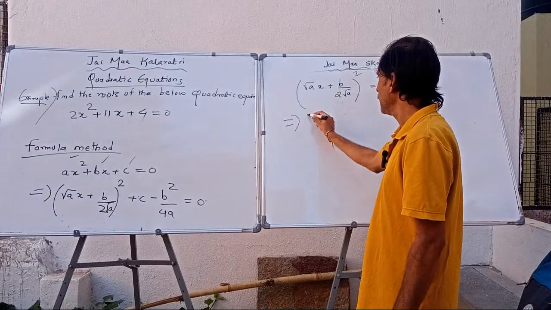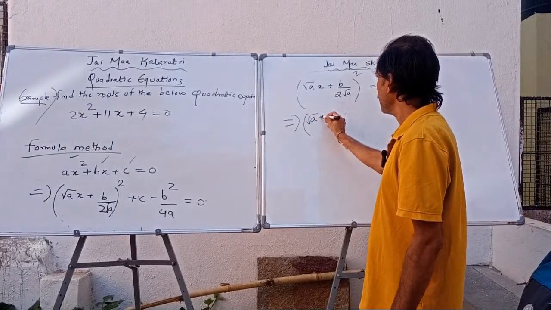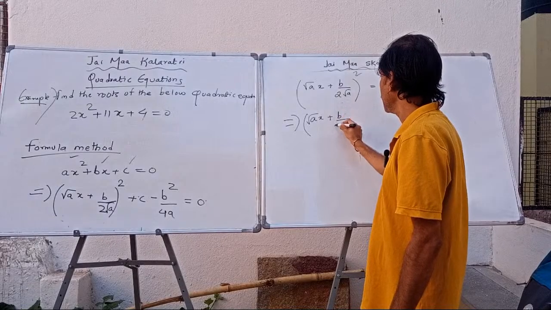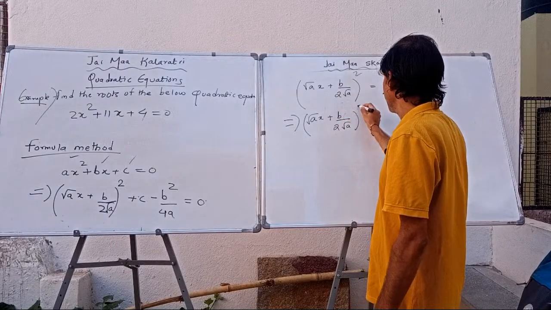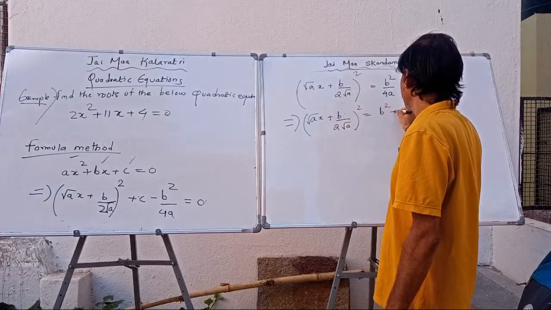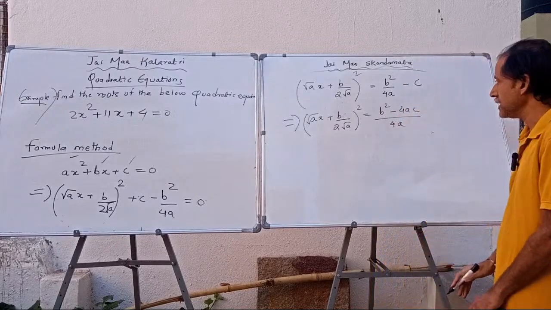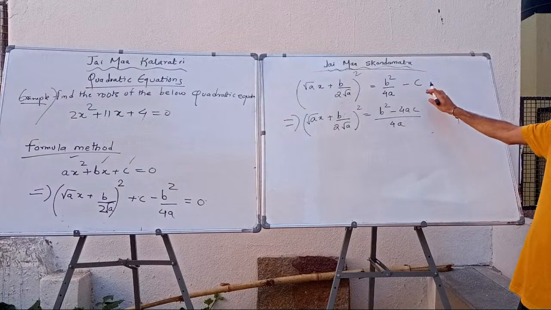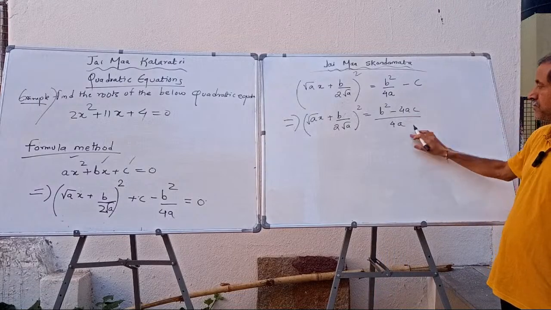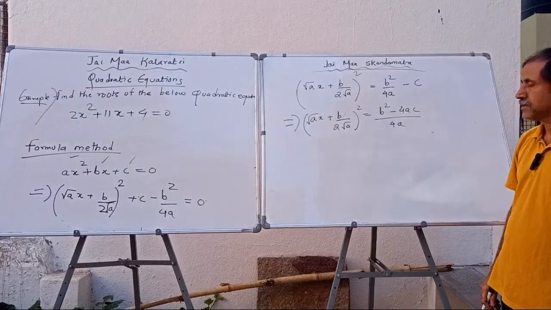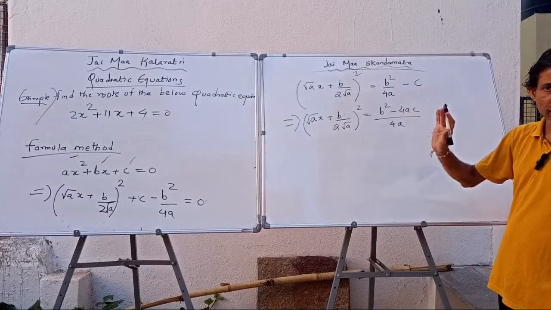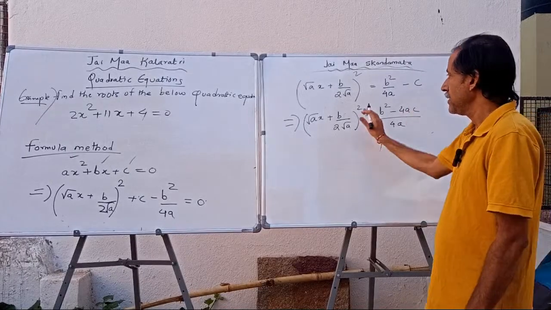Implies square root of ax plus b by 2 root a the whole square is equal to b square by 4a minus c. Is it right? You understood LCM? So it becomes this. Any doubt here? No, right?